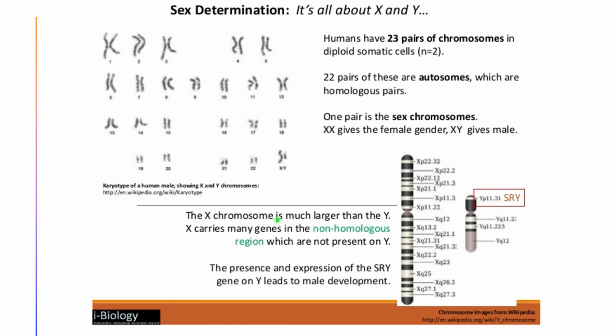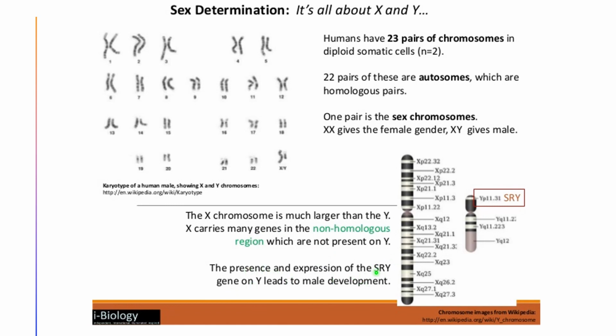Now the X chromosome is much larger than the Y chromosome. The X chromosome carries many genes in the non-homologous region which are not present on Y. Now, the presence and expression of SRY.